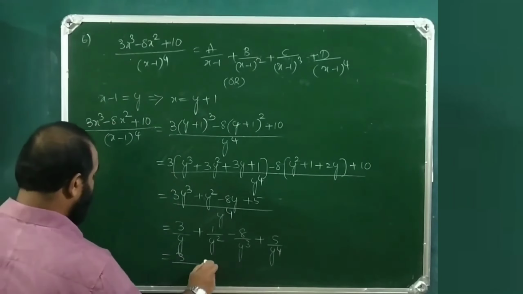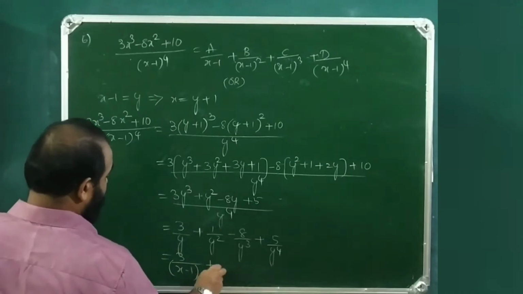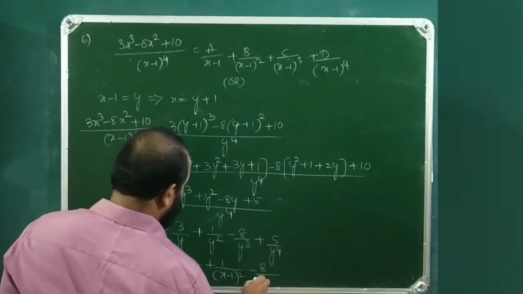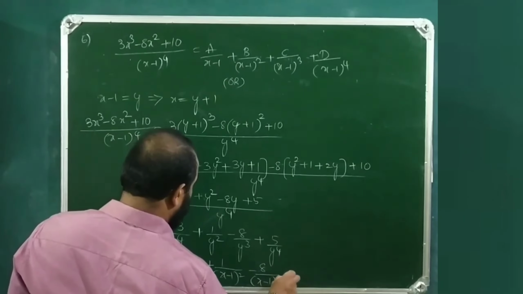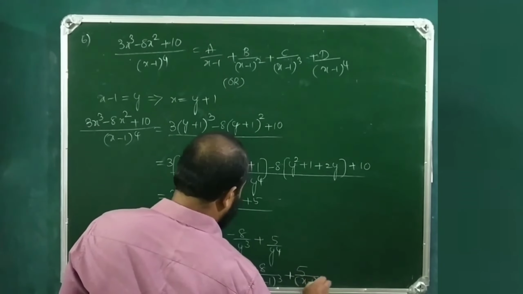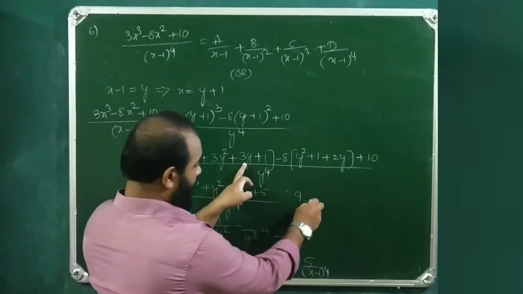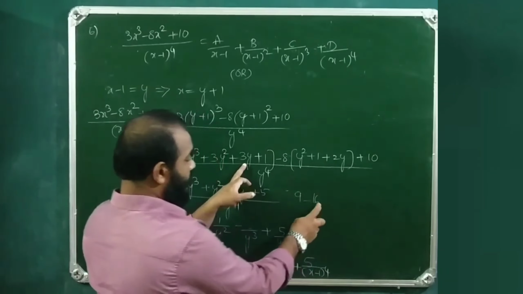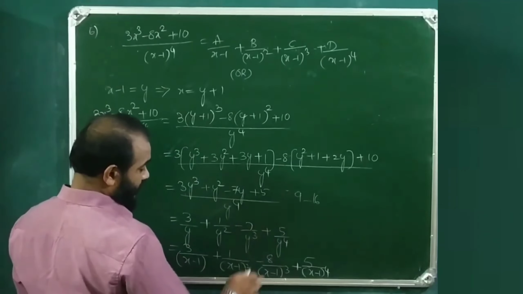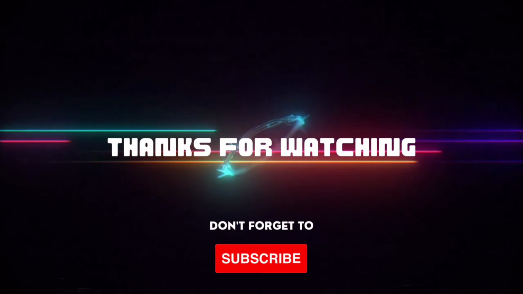So this is equals to 3 by x minus 1, the value of y being x minus 1, plus 1 by x minus 1 whole square, minus 7 by x minus 1 whole cube, plus 5 by x minus 1 whole power 4. 3 3s are 9, minus 8 2s are 16, so 9 minus 16 is minus 7.